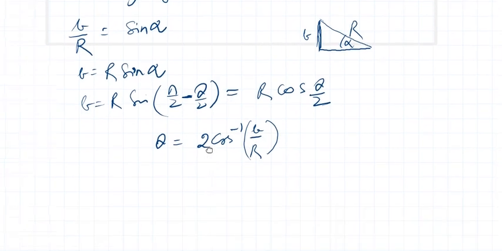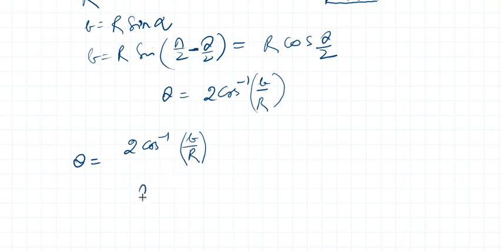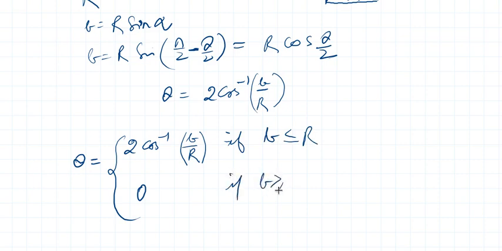Let us try to see that equation and then what he is concluding from this and the experience of billiard ball experiment, that theta is equal to 2 cos inverse B over R if B is less than or equal to R, and it is equal to 0 if B is greater than or equal to R.